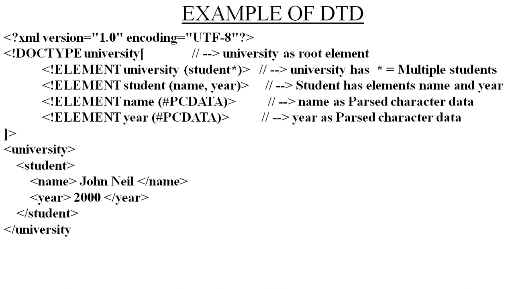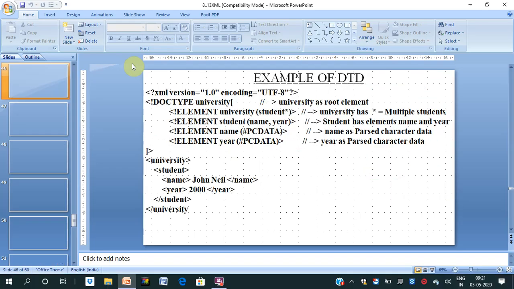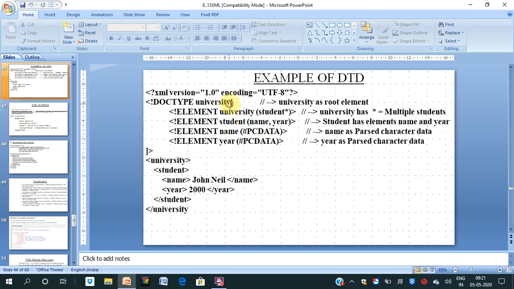How this will be defined, you can see here. The program starts with <?xml version="1.0" encoding="UTF-8"?>, closed by the question mark, and then !DOCTYPE university. University is the name of the DTD.